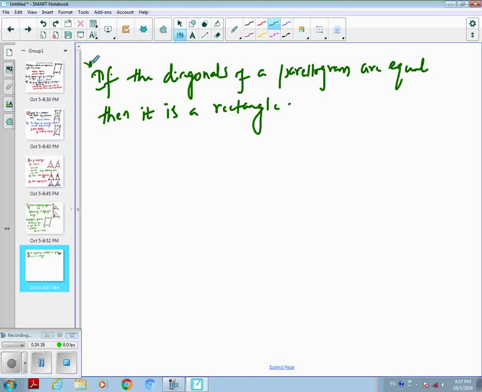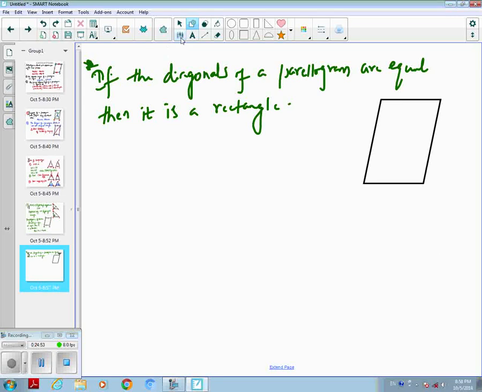Just mark this. Let's see how this is possible. We are given a parallelogram, again ABCD.